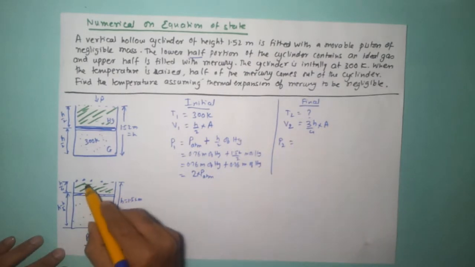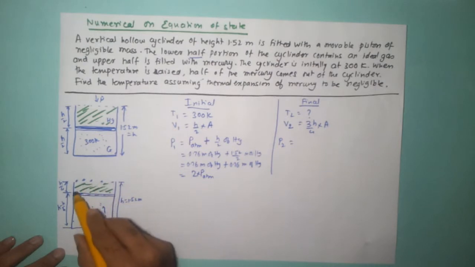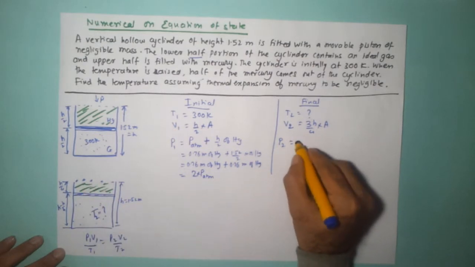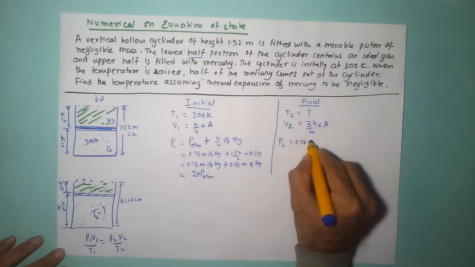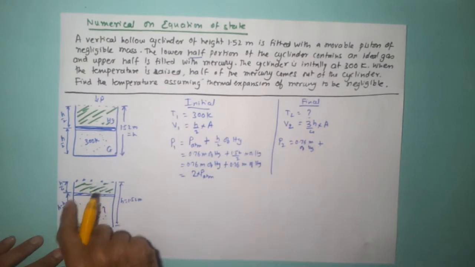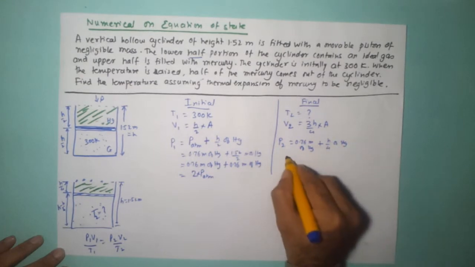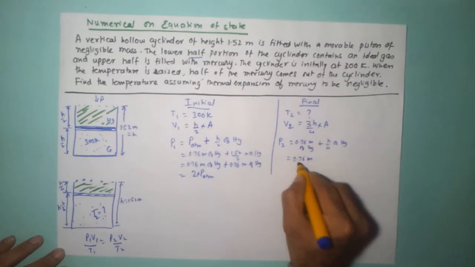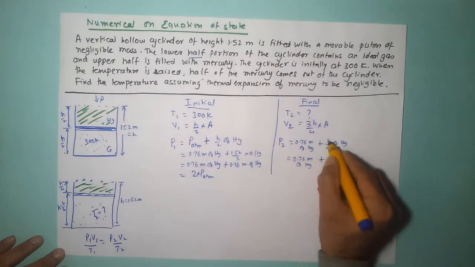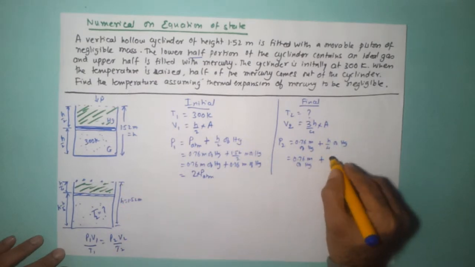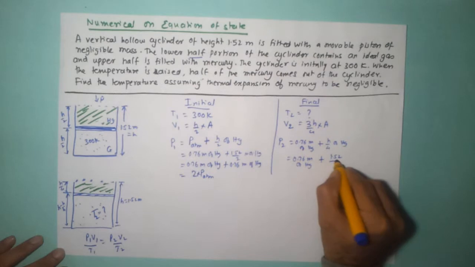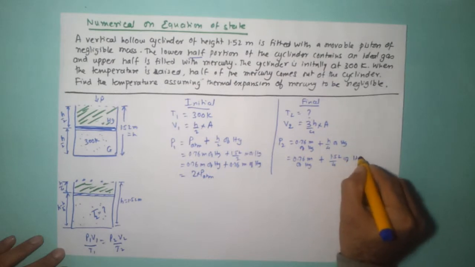Now P2 will be atmospheric pressure plus pressure of this much of column. So it will be P atmosphere, which is 0.76 meter of Hg, plus H by 4 of Hg, which is 0.76 meter of Hg plus 1.52 by 4 of Hg.